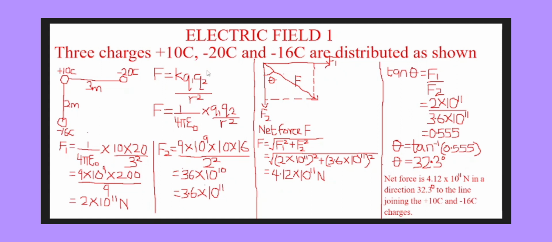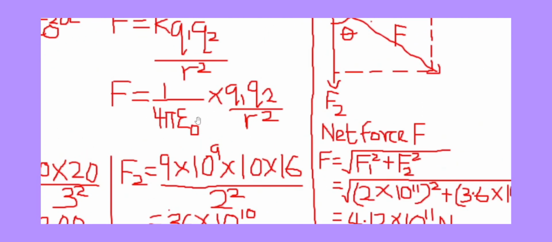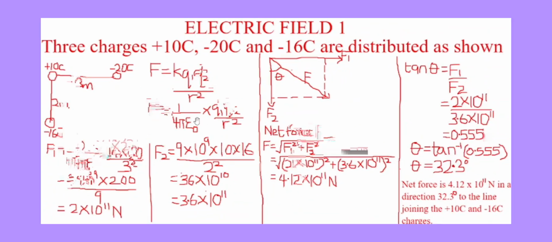So this is the definition of Coulomb's law. We also know that K is given by 1 divided by 4 pi epsilon naught.